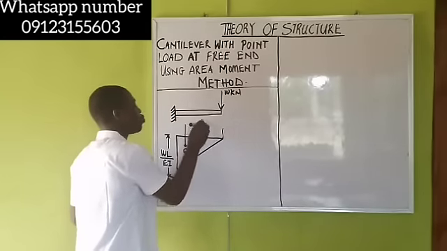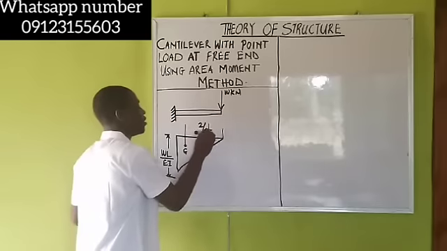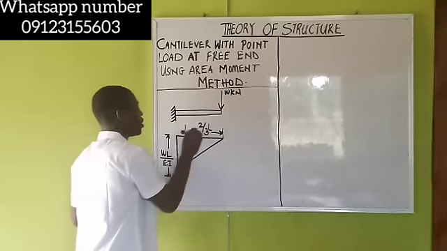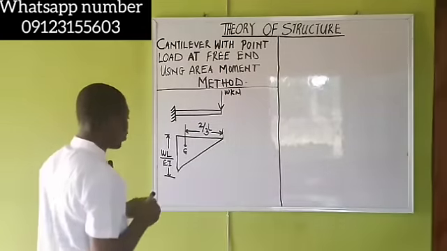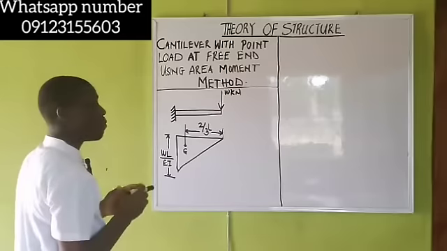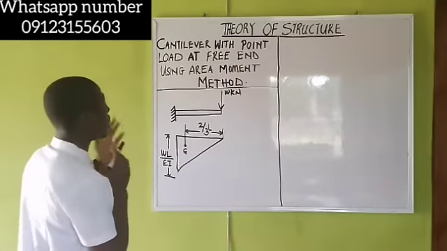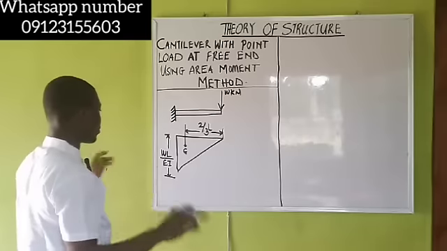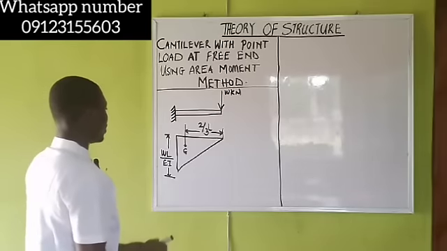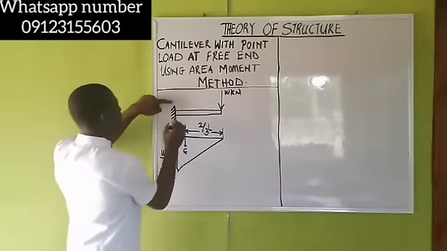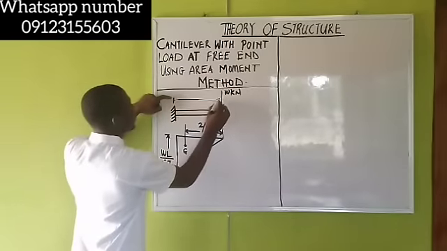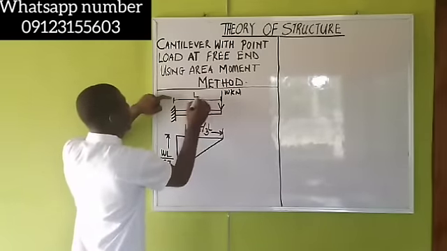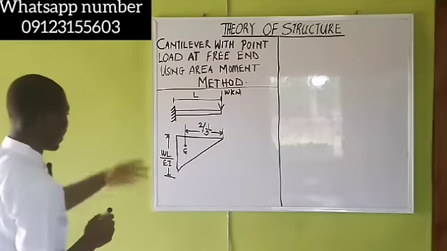Now here becomes 2 over 3 L. So take this also seriously. When it comes to using the area moment method to derive a cantilever beam with a point load at the free end, master this drawing. That's the concept. Just master this drawing. Where the distance from here to here is given to be what? L. Right? So I have this.